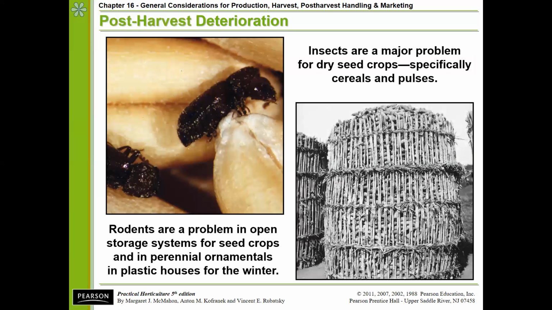Insects can also be a big problem for post-harvest deterioration, especially in grain crops, and also in seeds. In many cases with seeds, if I have room anyway, if I'm saving seed, I've found that it's best to put it in a freezer for long enough to destroy any potential insects that might have been in there. I learned that the hard way.